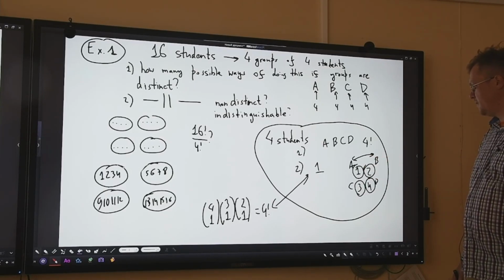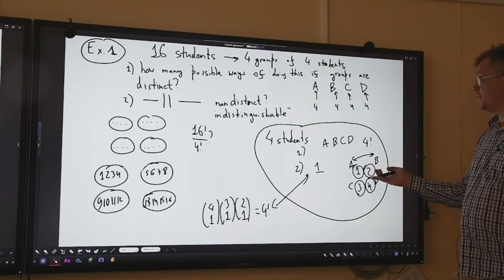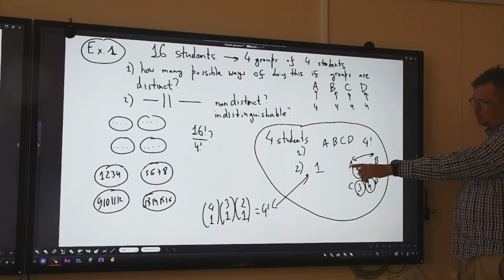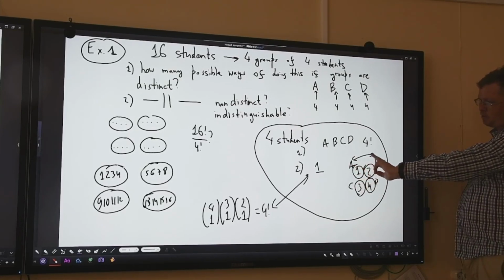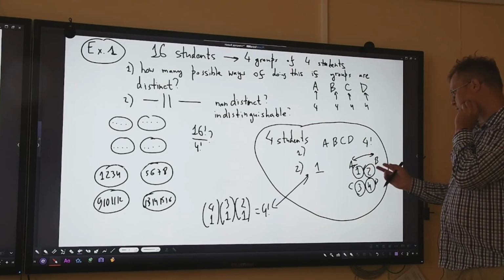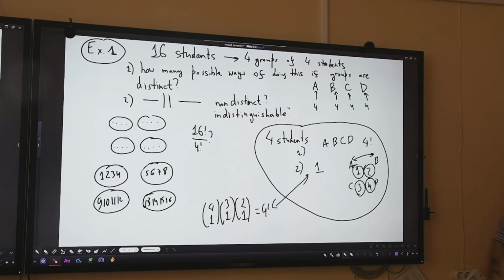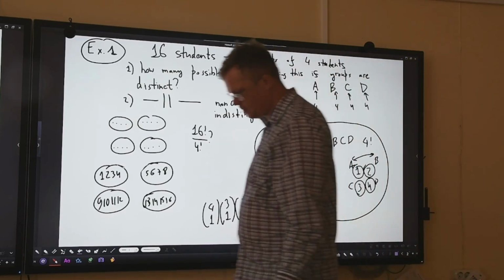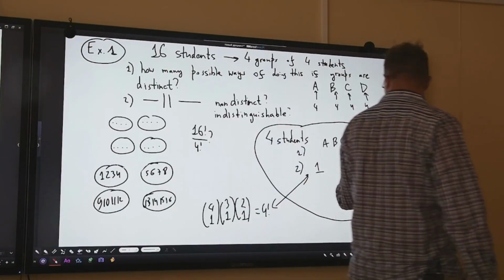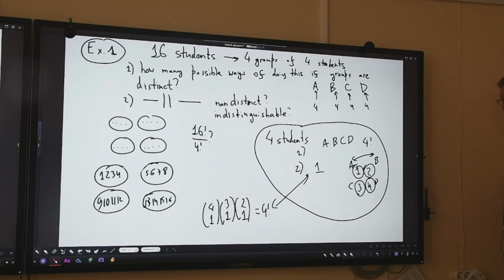But if they're distinct, we can write the letters here, and of course if you change the places of the letters, then we change the ways of separating the students. But if they're indistinguishable, then if you change A and B, nothing changes. It will be the same distribution.